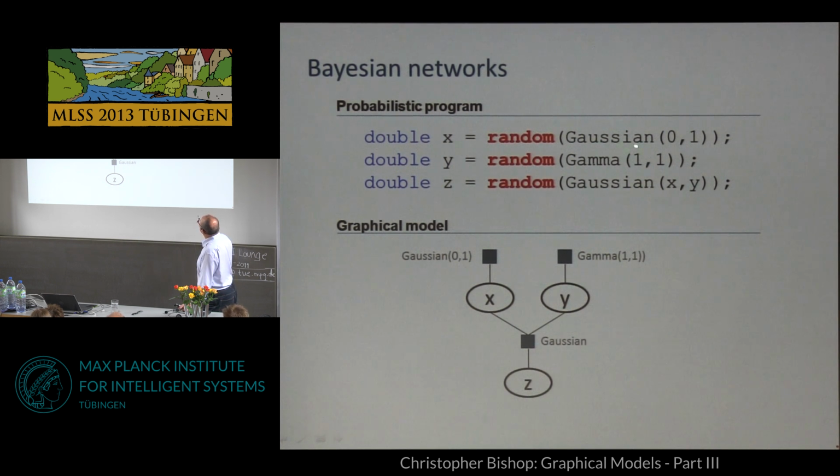So x is a Gaussian with 0 mean unit precision. y is a gamma distribution with parameters 1 and 1. And then z is a Gaussian distribution, but its mean is given by the value of x, and its precision is given by the value of y. So this graph corresponds to those lines of code. Quite easy to take the graph and translate it into code.